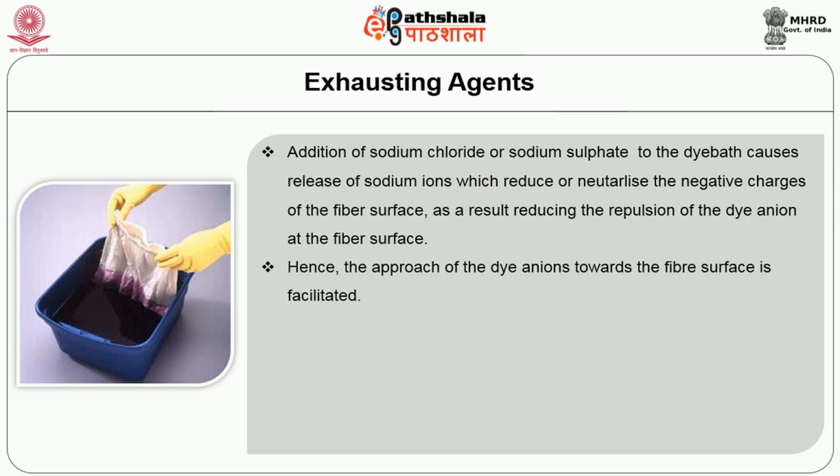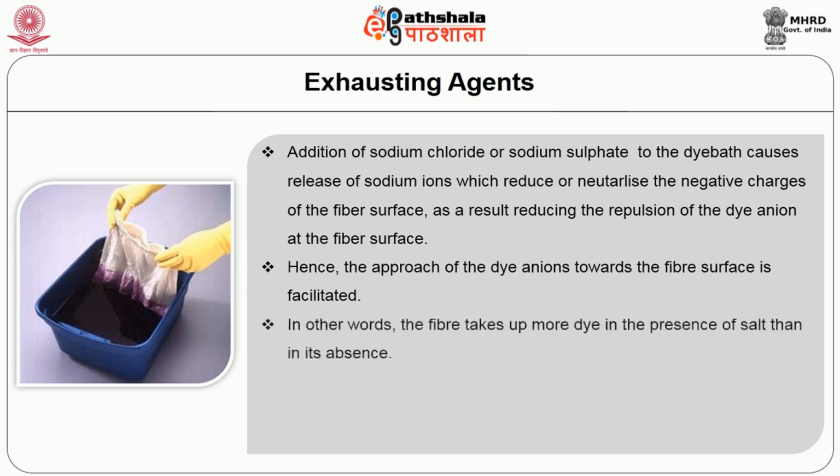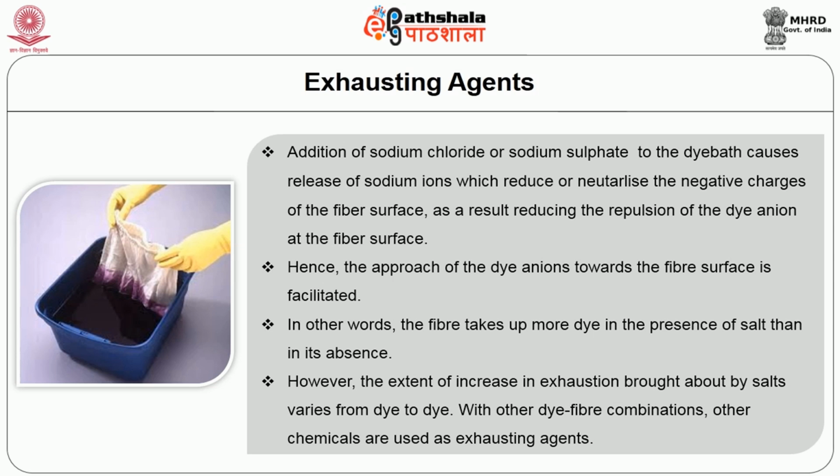Hence, the approach of the dye anions towards the fiber surface is facilitated. In other words, the fiber takes up more dye in the presence of salt than in its absence. However, the extent of increase in exhaustion brought about by salts varies from dye to dye.